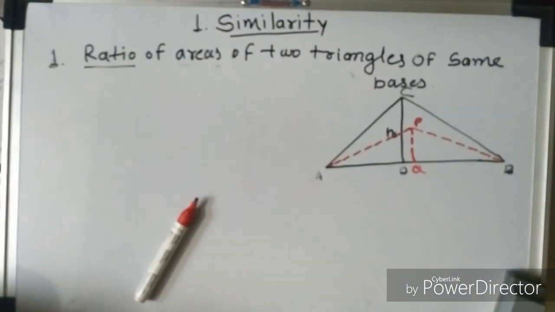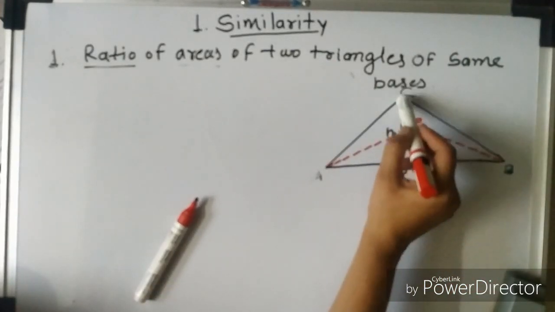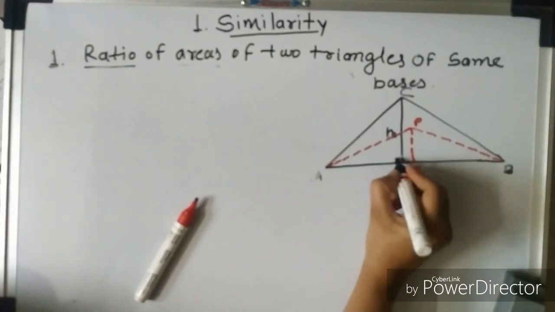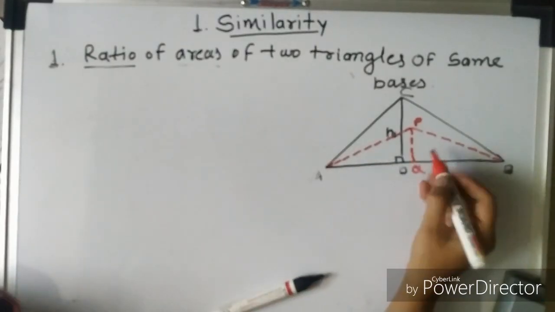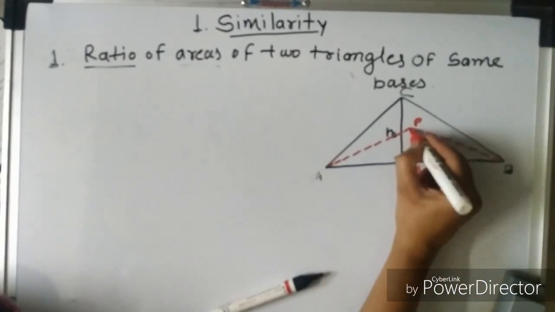Here the two triangles: the first one is ABC of height CD and the second triangle APB with height PQ.